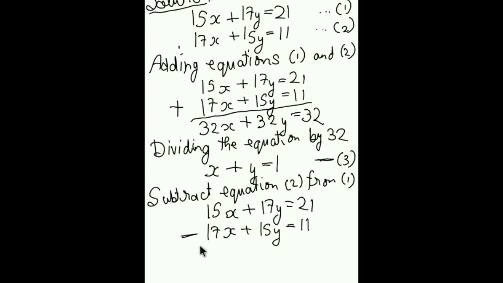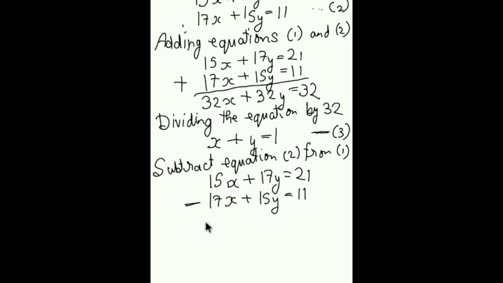Okay, so when we are subtracting, the sign of the second equation will change. So here the sign of 17 is positive, so we have to write negative, and here the sign of 15 is positive, again we will change it to negative, and here the sign of 11 is positive, so we will change it to negative.